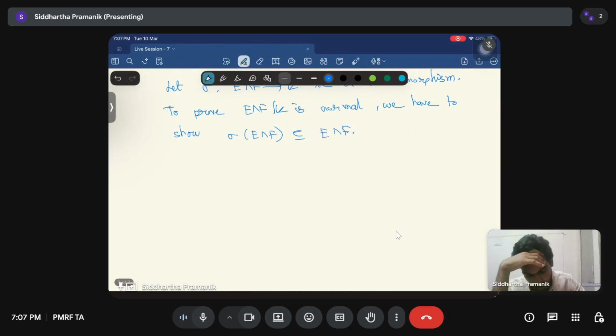Now let's draw the picture. Here we have K, here we have E intersection F, here we have K bar, and we are taking this map, but we can extend it to the composite by the extension theorem.